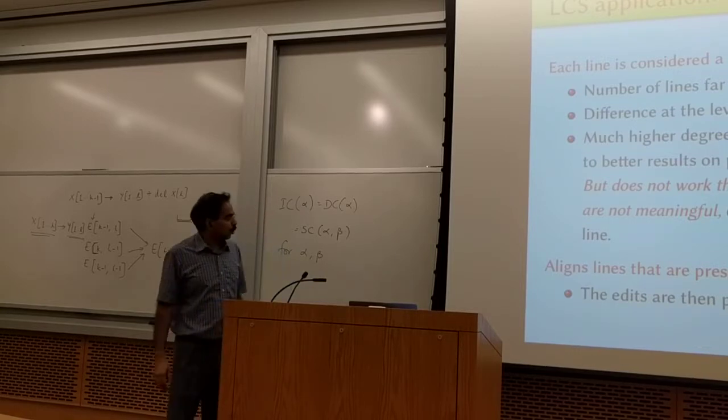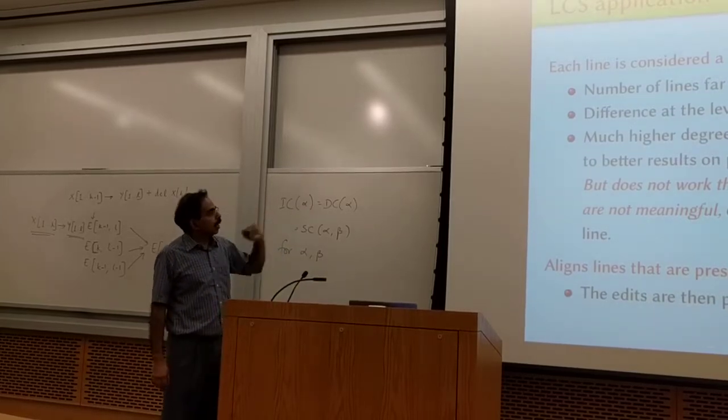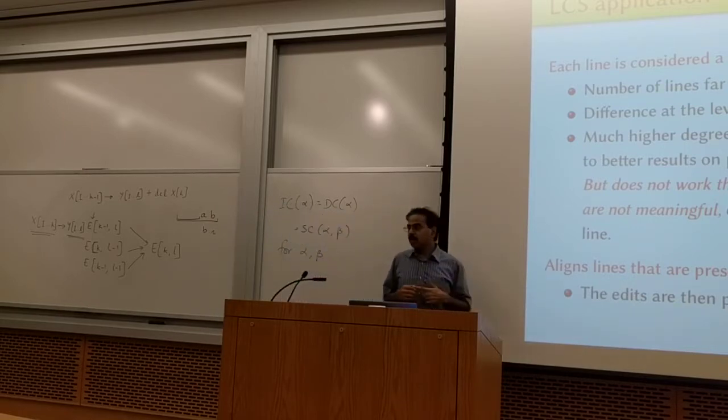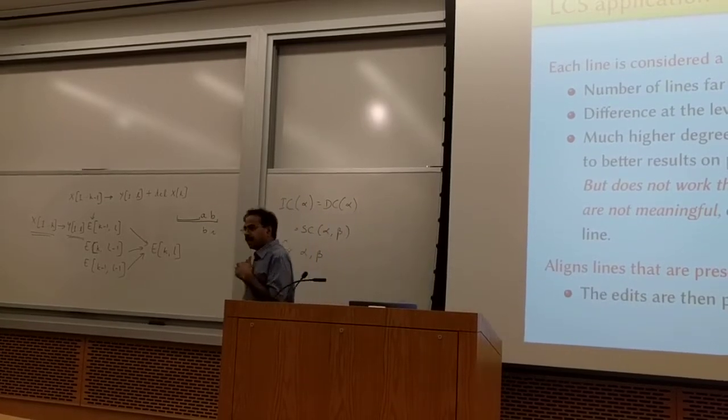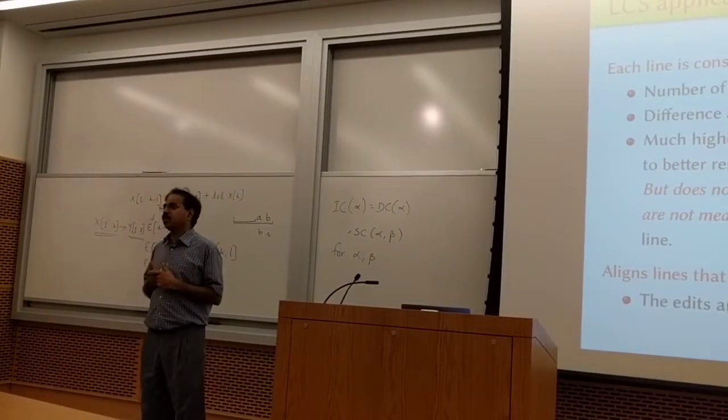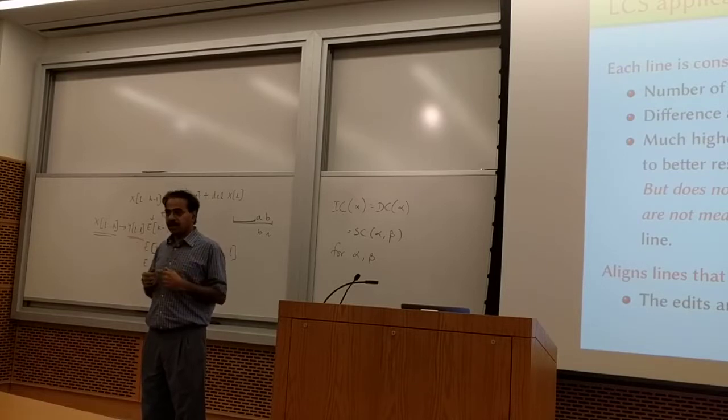And this helps in two ways. One of them is that when two lines line up in their entirety, then you have much more confidence that that match actually means something. Otherwise, let's say you have a variable name called ABC, and another variable called AC. Well, maybe the edit distance is small.